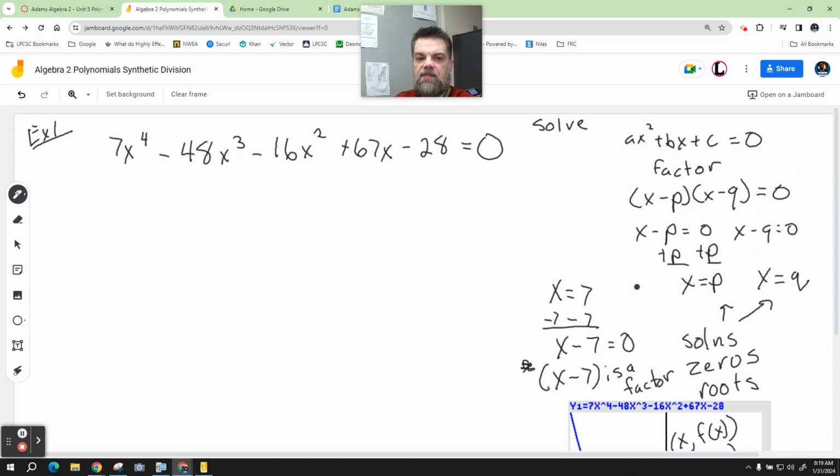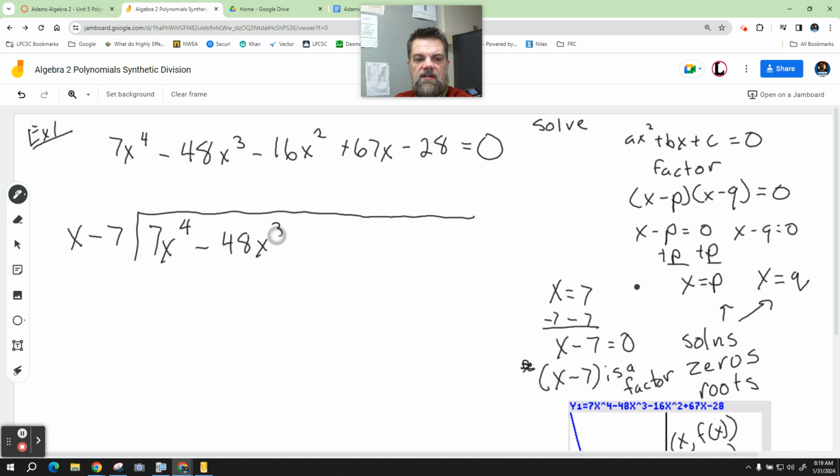So if I go back up here, what I'm really saying is that x minus 7 divides into, evenly, I might add, 7x to the 4th minus 48x to the 3rd minus 16x squared plus 67x minus 28.